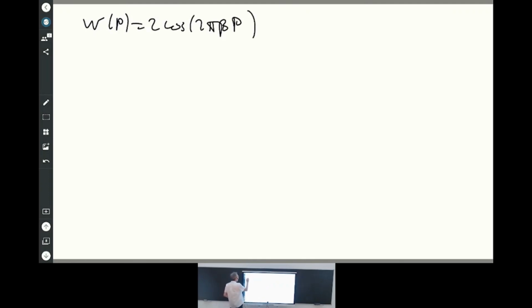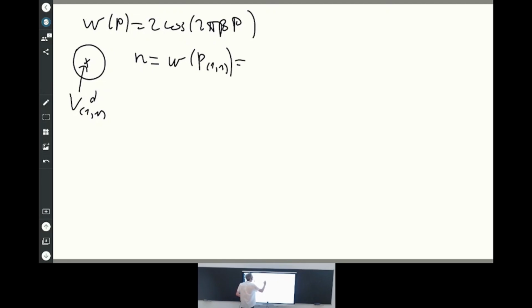So now we want to compute the weight of an empty loop. An empty loop is a loop where you have a trivial field, the identity field, V11, degenerate. Therefore, I expect that n equals W of P11, which is minus 2 cos pi beta squared. And let me remind you that beta is related to the central charge as before.